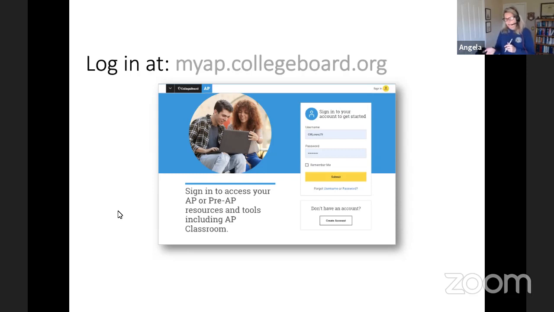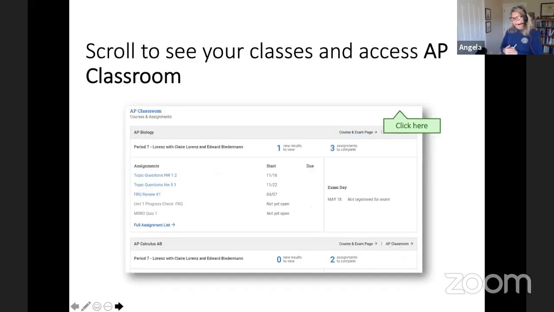This is how you get there. You log in at myap.collegeboard.org. Underneath this green box, it says AP Classroom. That's where you want to click. If you've been using AP Classroom this year, you just scroll down to your classes, and when it says AP Physics C Mechanics, you go to the right and click on AP Classroom.